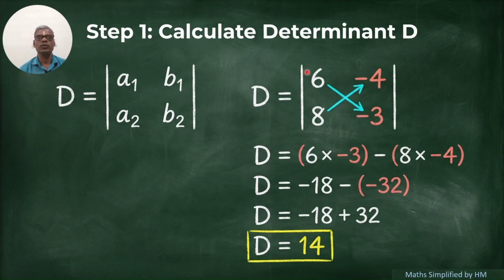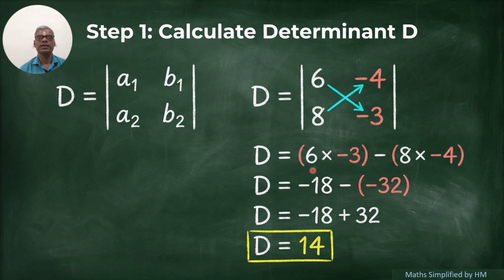First, D is equal to 6 into minus 3 minus, in bracket, 8 into minus 4. Please remember to put the bracket or parenthesis while solving negative multiplications.